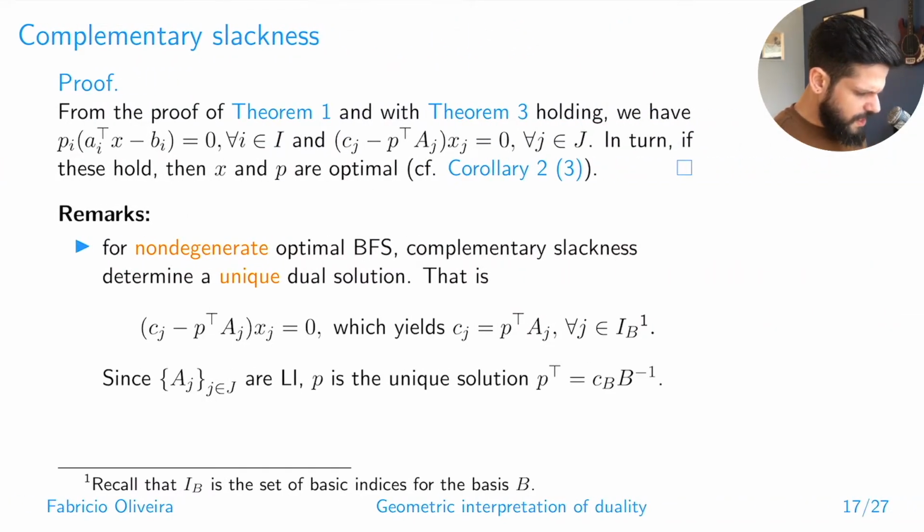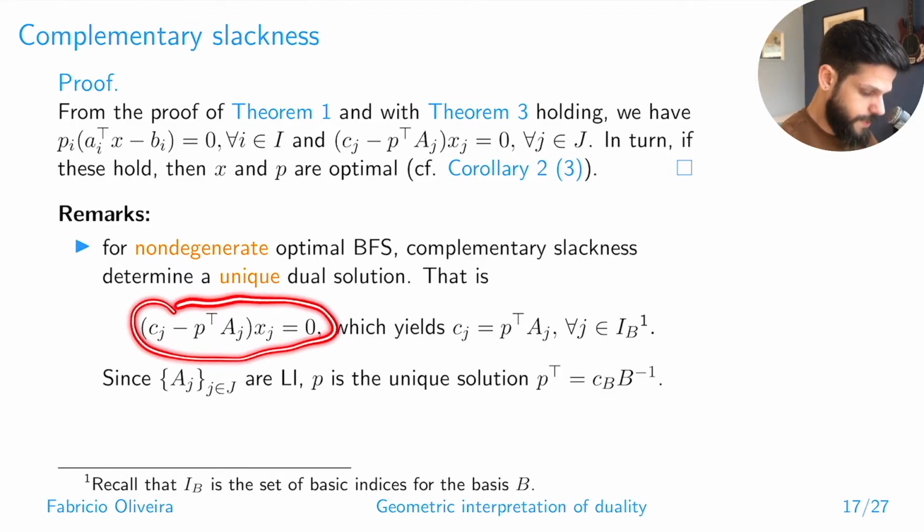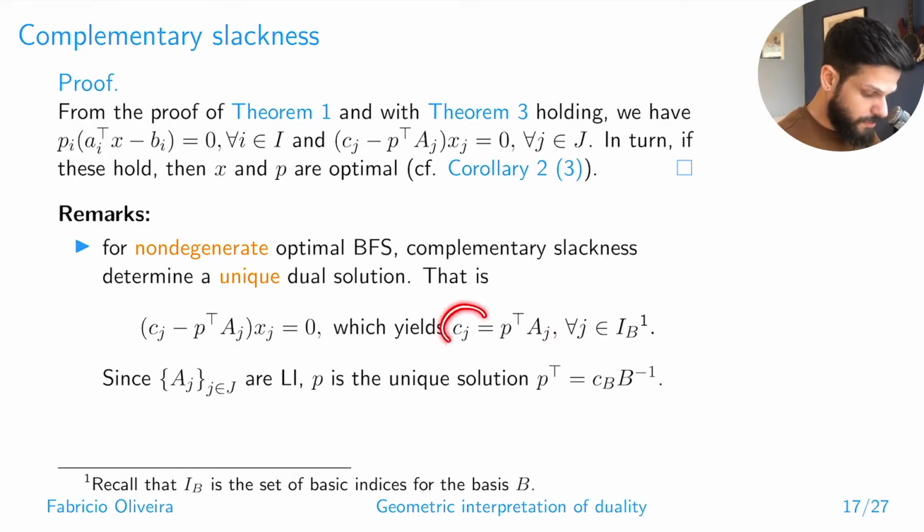Some remarks. In the non-degenerate case, complementary slackness determines a unique solution. Because if you look at this system, for example, this yields this one here, and that of course only holds for the basic variables at the optimal.